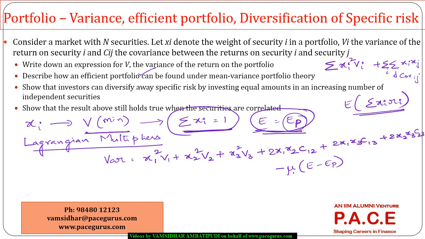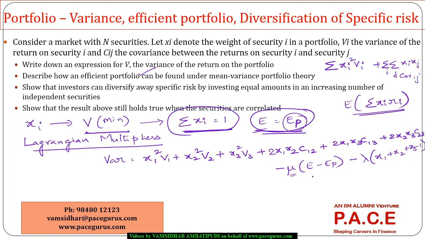So I'm taking all the constraints with some kind of parameter, mu times E minus mu P. Again, the same logic: minus lambda times x1 plus x2 plus x3 minus 1.